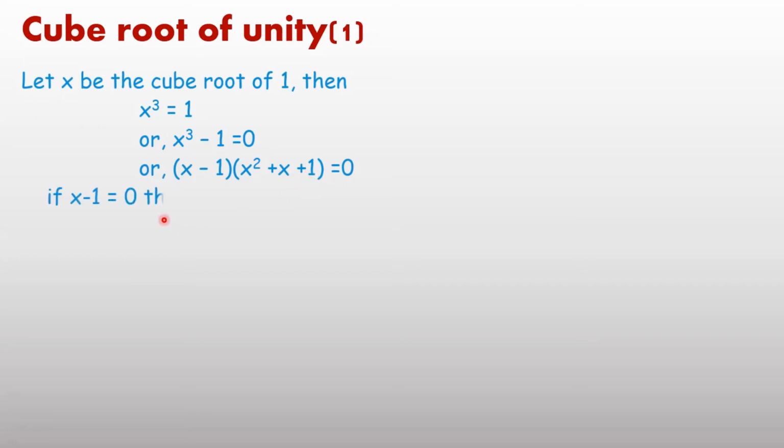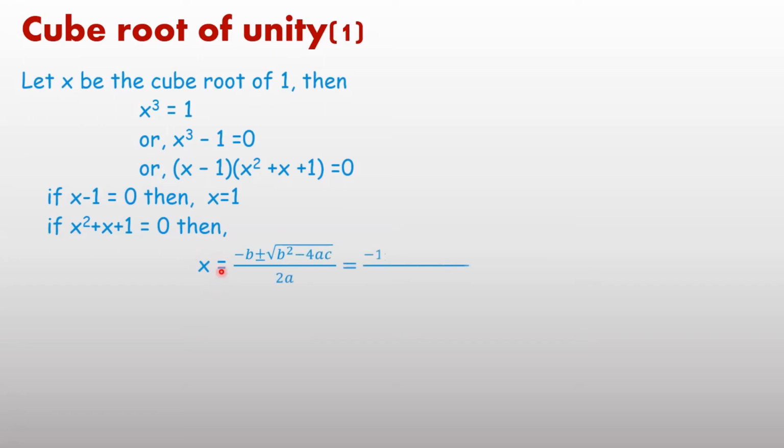If the first factor equals 0, then one value of x you will get is 1. If the second factor, x square plus x plus 1 equals 0, then using the quadratic formula you can find the value of x. Quadratic formula means minus b plus minus under root b square minus 4ac upon 2a. Here the value of a is the coefficient of x square, 1, b the coefficient of x, 1, and c is also 1.